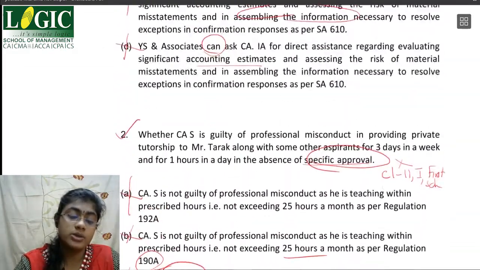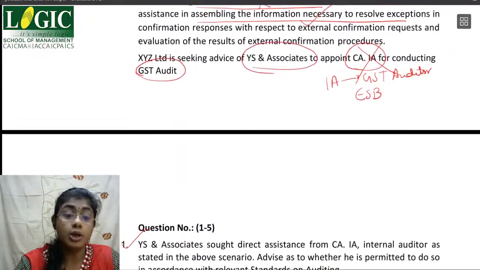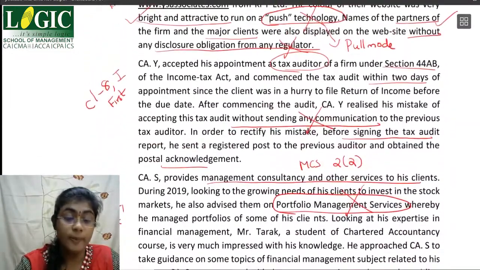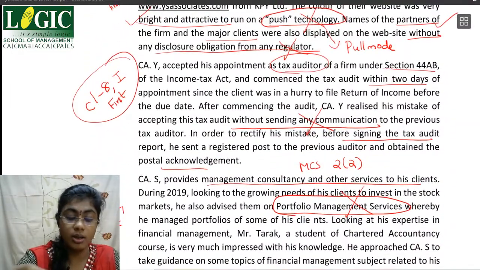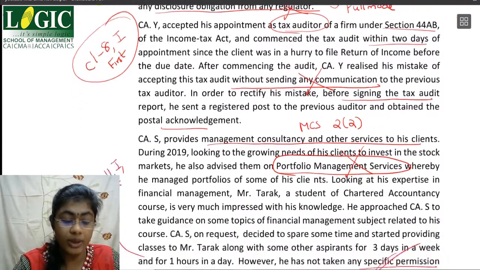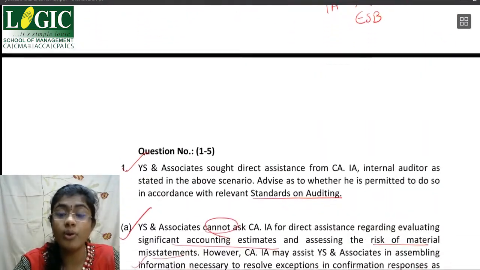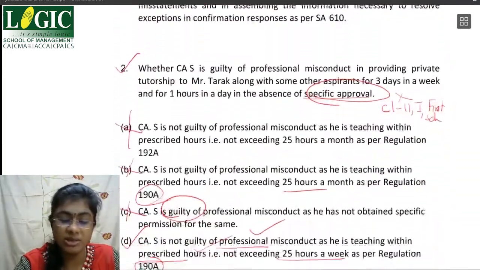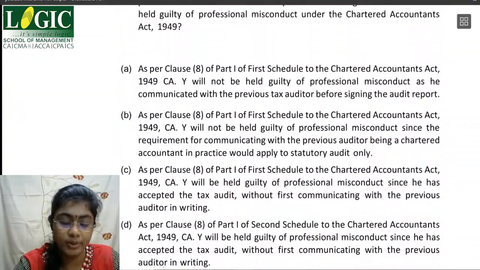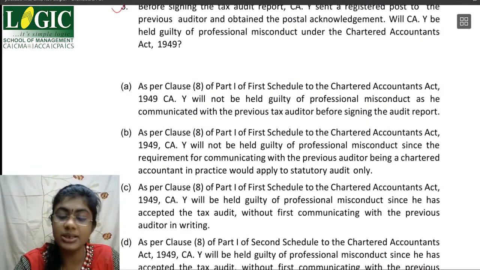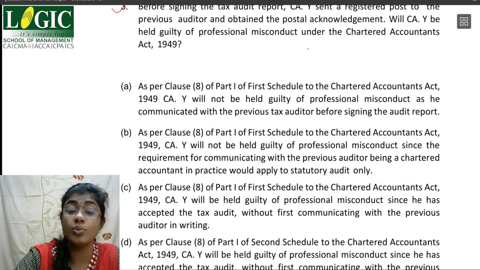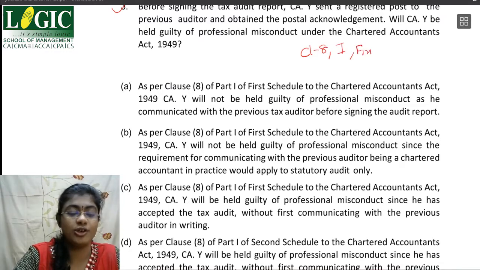This also we discussed. You remember clause 8 part 1. He is guilty. Why? Communication should be first, before accepting and conducting. It is not before signing the report. So naturally he is guilty. Clause 8 part 1 first schedule.